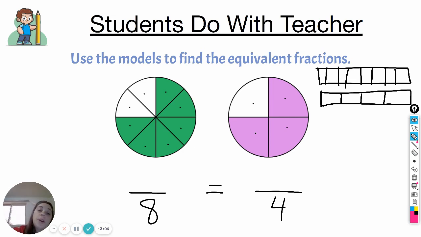Okay, let's count for the numerator. 1, 2, 3, 4, 5, 6 shaded pieces.